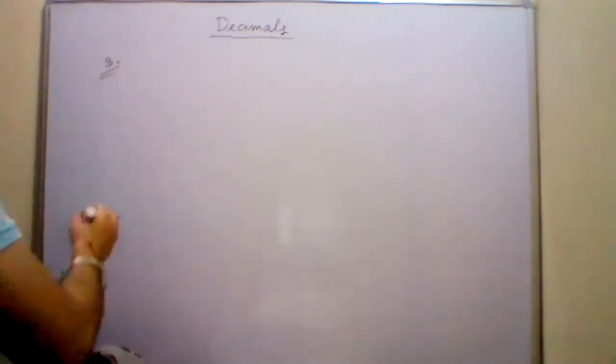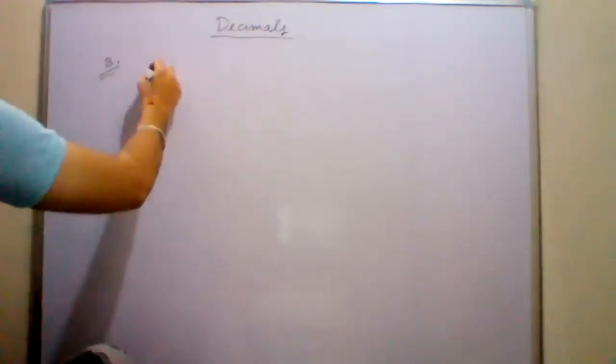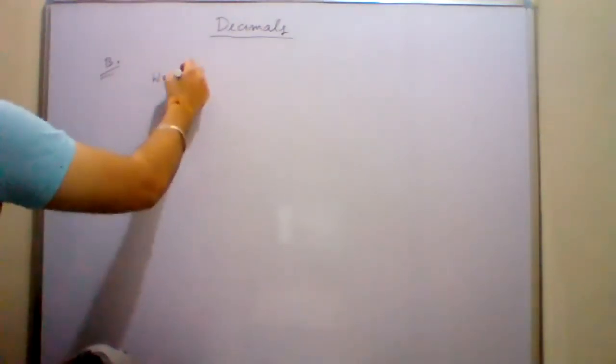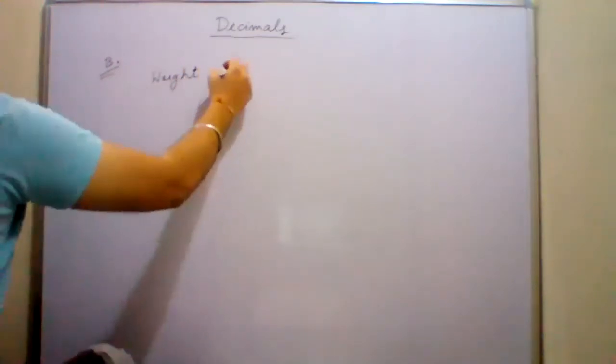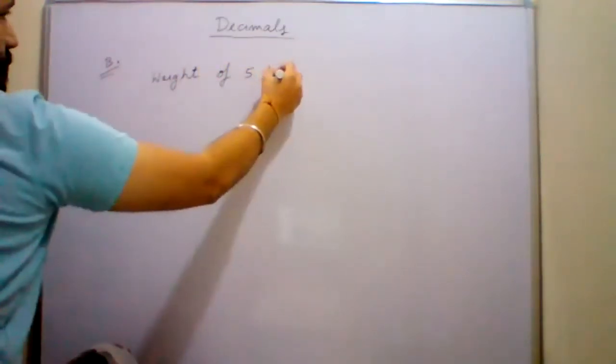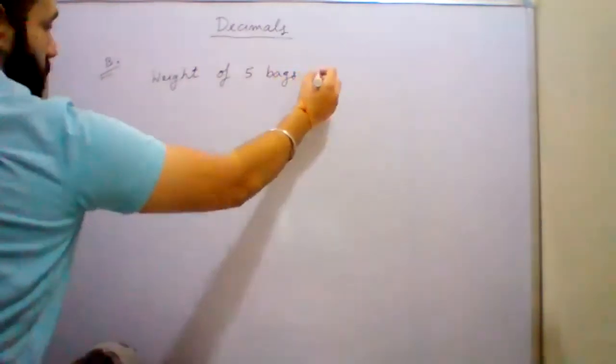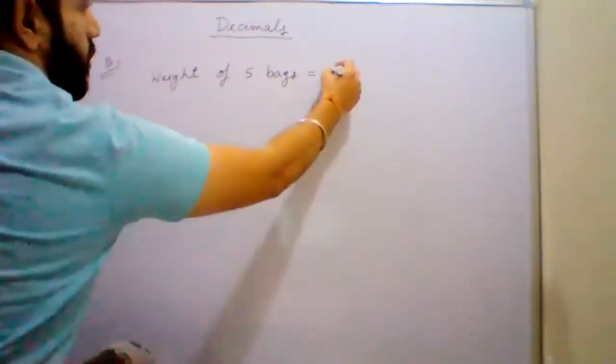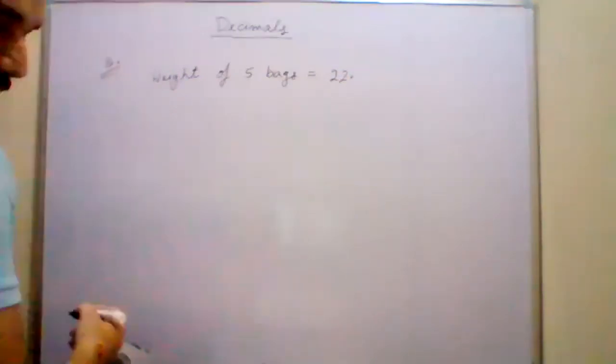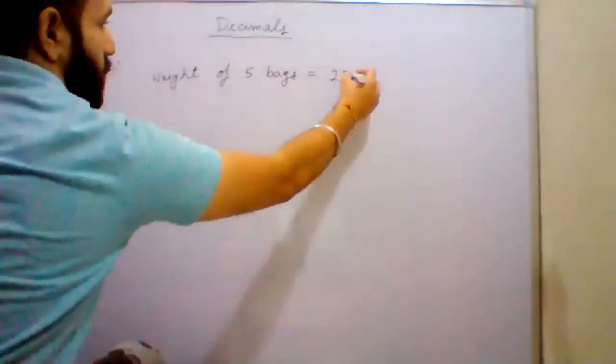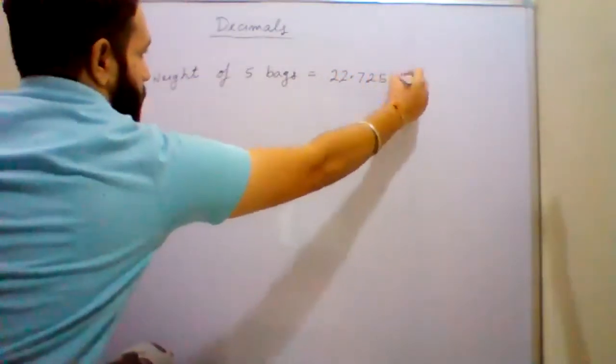Five bags of rice weigh 22.725 kgs altogether. How much does each bag weigh? That is, you have to divide. Weight of 5 bags of rice is given, 22.725 kgs.